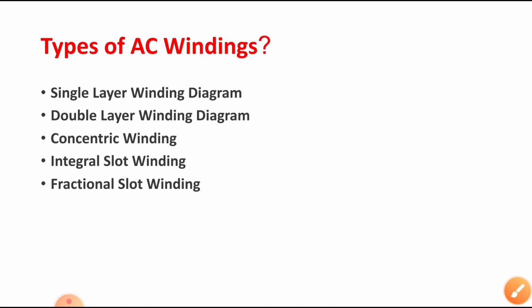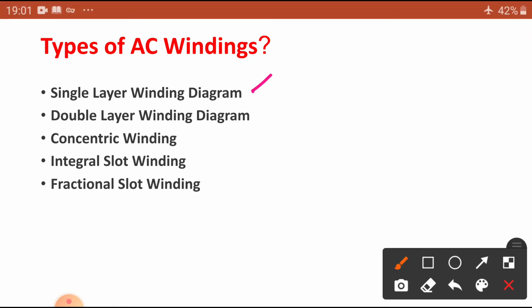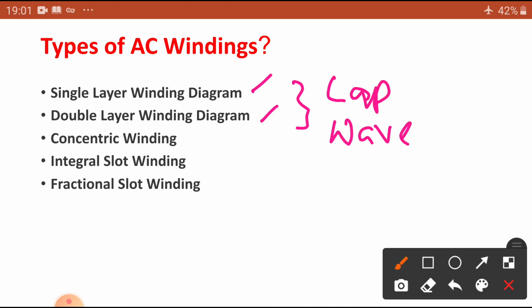Now, what are the different types of AC windings? Generally, in our electrical field, there are the single layer winding diagram and double layer winding diagram. In this case we are going to cover lap and wave winding, which are very popular windings. At the same time, there is concentric winding. In case of the transformer, the concentric winding has no full pitch and short pitched coils.